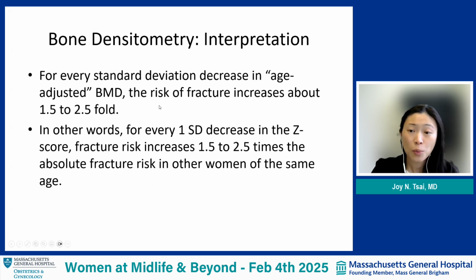And lastly, in terms of interpreting the bone density test, for every standard deviation decrease in the age-adjusted bone density, that was a Z-score, the risk of fracture increases about 1.5 to 2.5 fold. In other words, your fracture risk increases 1.5 to 2.5 times the absolute fracture risk in other women of the same age.